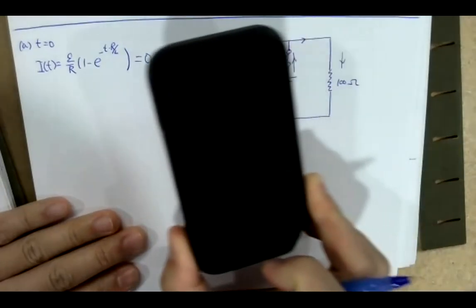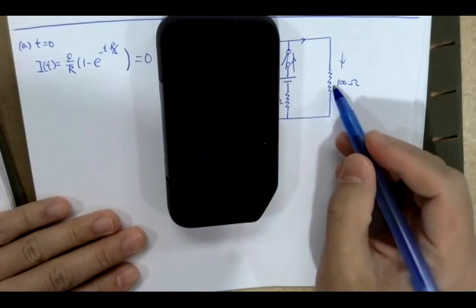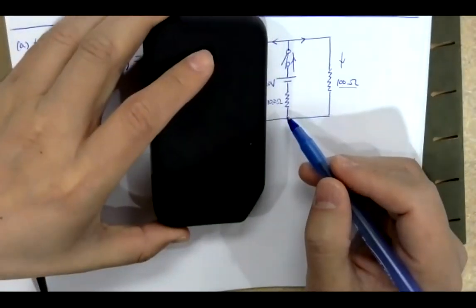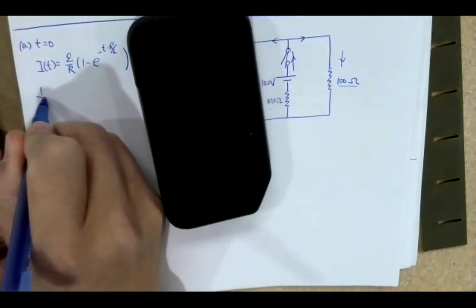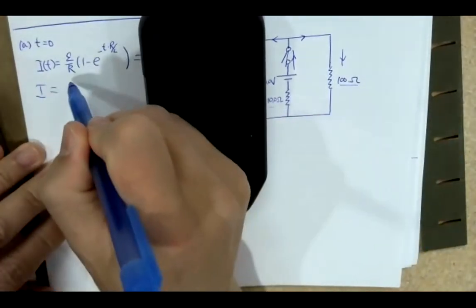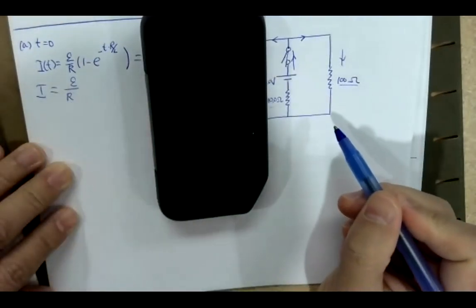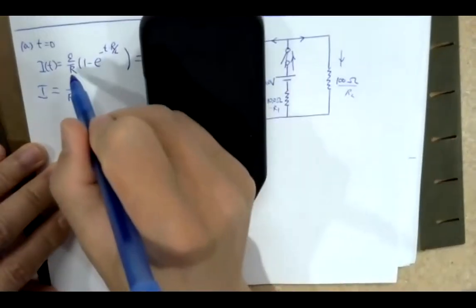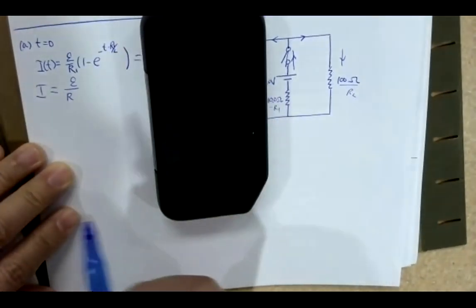At this moment, you can take a look at the right-hand side of the circuit. You have a resistor, another resistor here, and this battery. On that side, since they are just resistors, the current is equal to epsilon divided by R. We can call this R1 and this R2. The one on the inductor branch would be R1, but it didn't matter because that current is equal to 0.